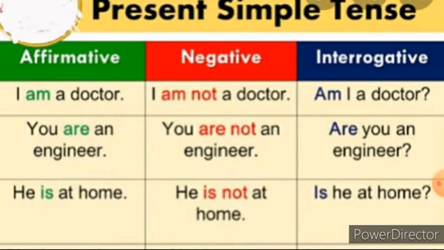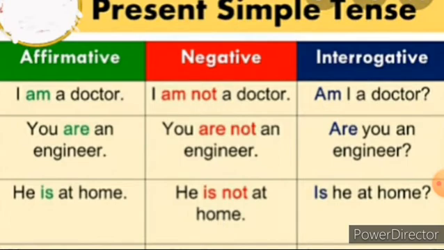He is. He is which person? He is the third person singular. For the third person singular, here we have pointed out is. He is at home. At present, he is at home. So, for this example of simple present, we have taken one example from singular, that is a first person singular, and then second person, and then third person singular.